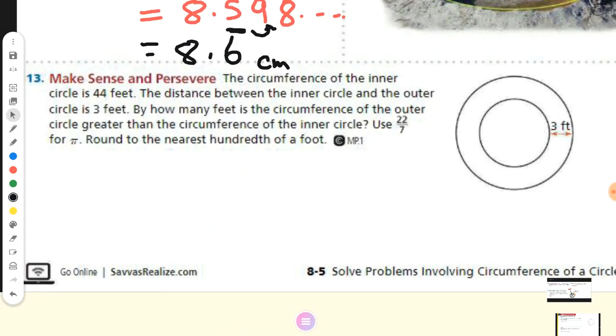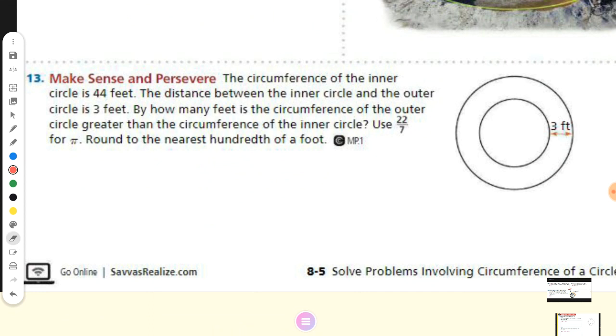The circumference of the inner circle equals 44. So 44 is C1, or C inner, Cn. So Cn equals 44. Okay. And the distance between the inner circle and the outer circle is 3 feet.